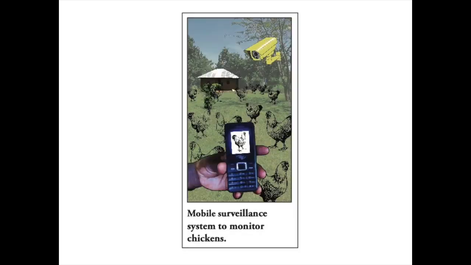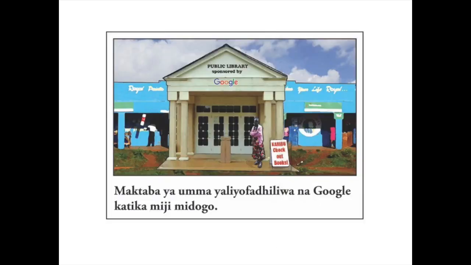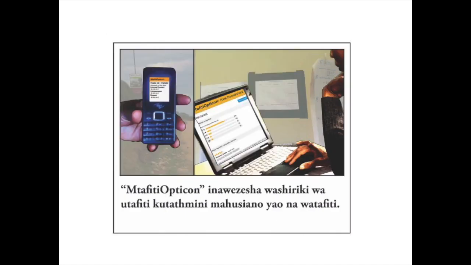The second idea is a system that lets people monitor and track the chickens they own. This image you see here is a library, and it's sponsored by Google. And it's inspired by thinking of different ways that technology companies can support internet access in places like Bungoma, other than just working towards increasing internet access.